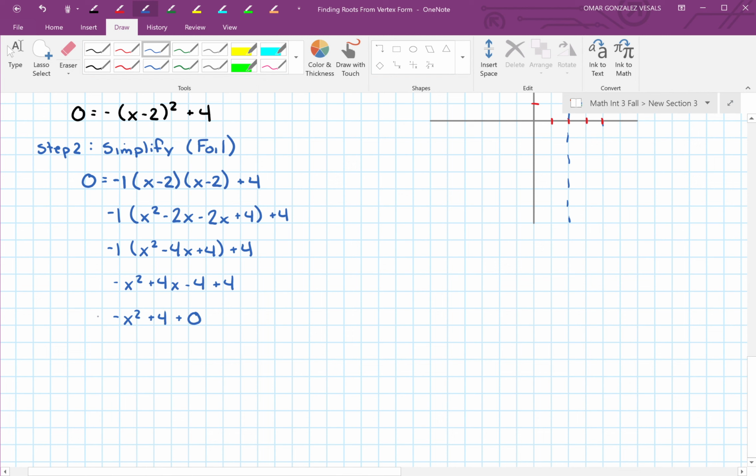Plus 0, right? All this is still equal to 0 the entire time, right? Now I'm going to go to step 3.